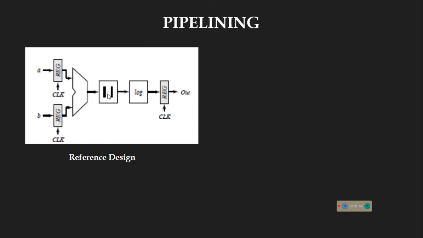The absolute circuit just calculates the absolute value, that is, modulus of A0 plus B0, and it is passed down to a logarithmic circuit, which finds log of modulus of A0 plus B0, and it is stored in the register connected to the output. Likewise, I have to repeat this 15 times.